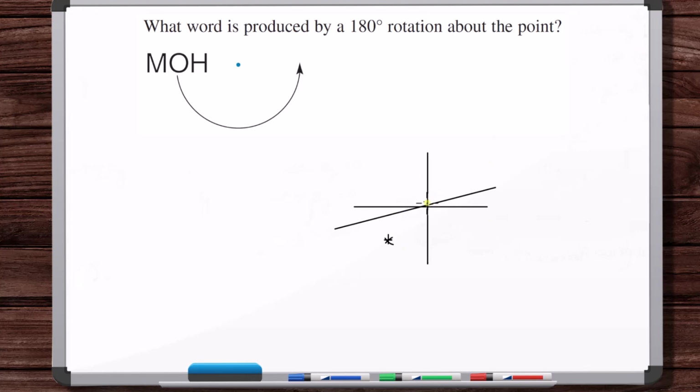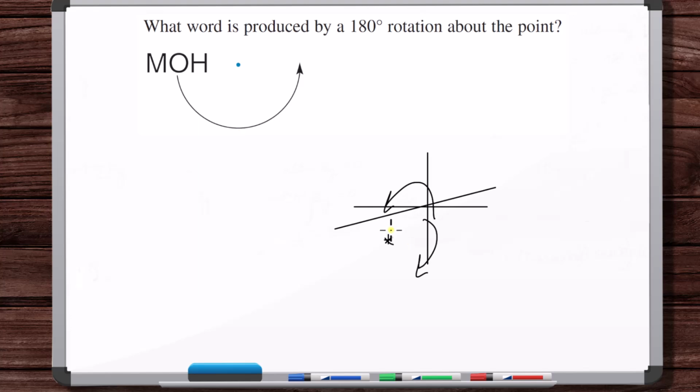In 3D space, you could go over the top, to the side, wherever. Now here we're confined to a plane, so there are only two directions you can rotate about the point, counterclockwise and clockwise. So you need to specify the direction of the rotation.